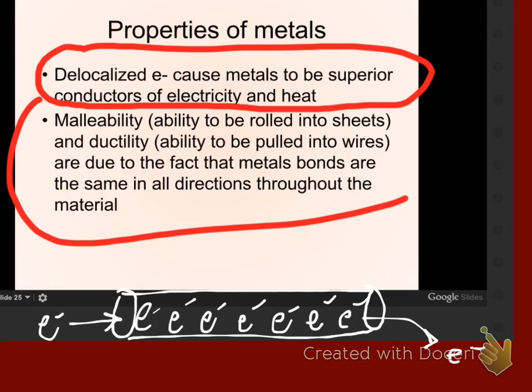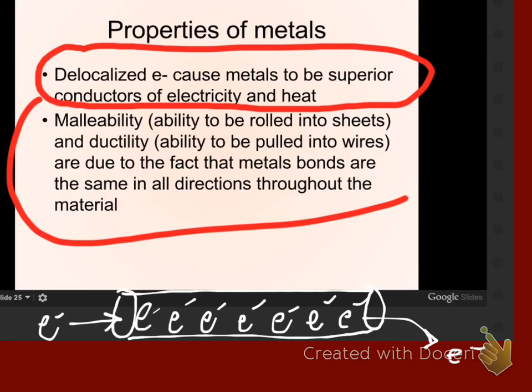Metals are very easy to electrify. They're easy to pass current through because of this. And it's the same, they conduct heat well because heat is really just atomic motion. Heat is how fast your atoms are moving. So because parts of their atoms are very free to move, their electrons are very free to move, they can transfer that kinetic energy very easily.